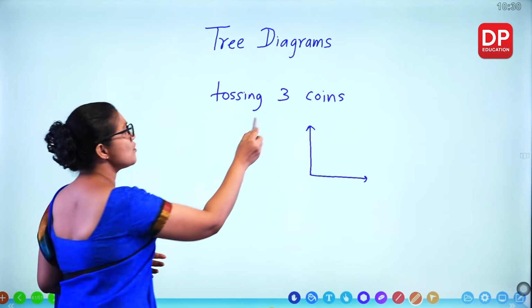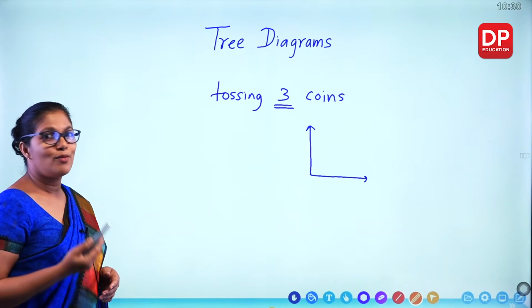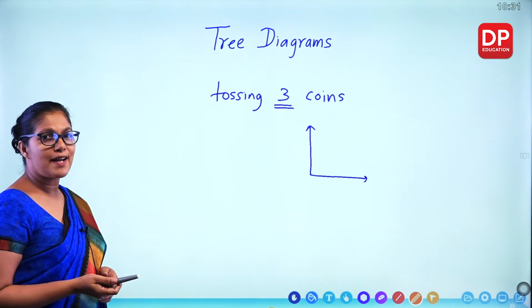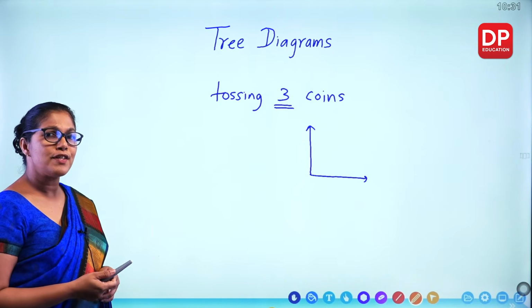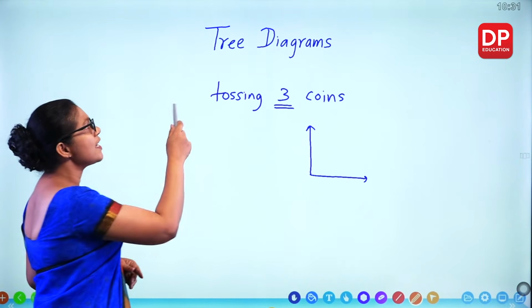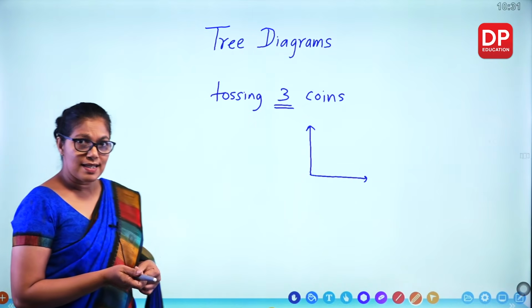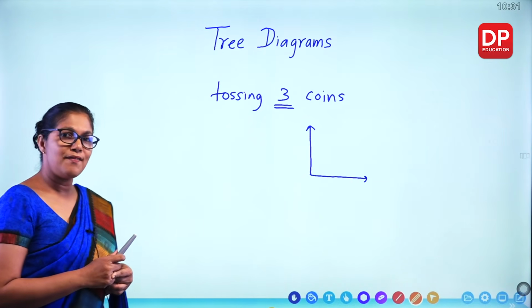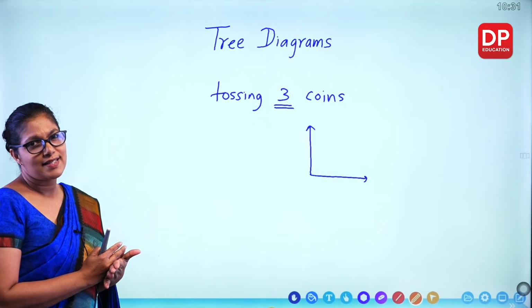But what happens when you get more than 2 events? You can't draw a sample space diagram. Then we need to know another type of diagram. So we can use tree diagrams. But in your syllabus, all the events are strict to 2 events.